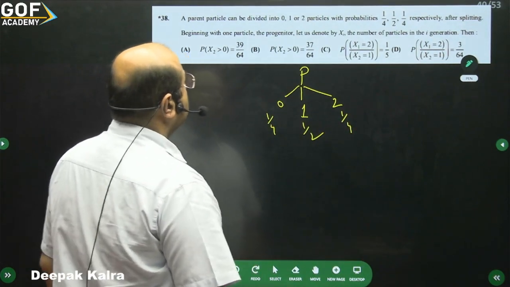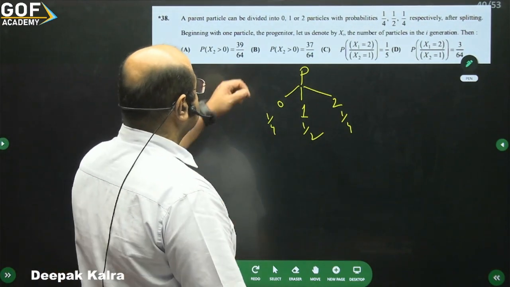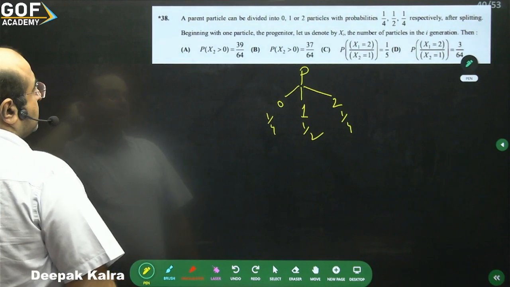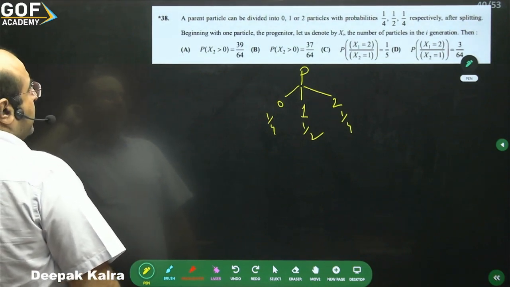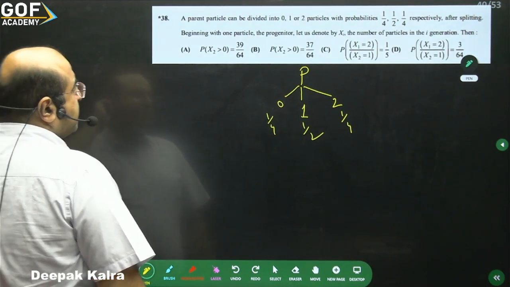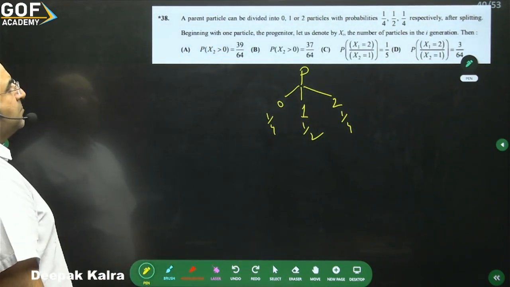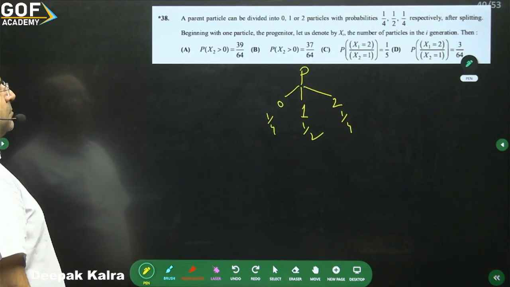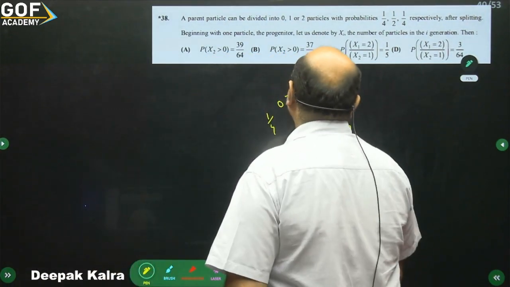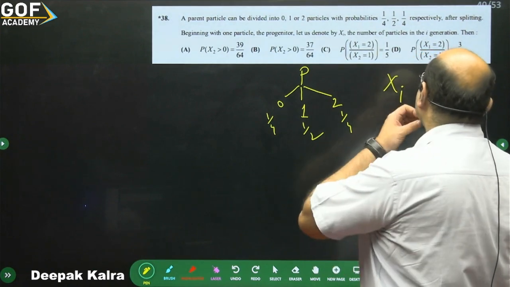After splitting, beginning with 1 particle, what is this progenitor? What is the meaning of progenitor? Do you know? I don't know. Let us denote Xi, the number of particles in the i-th generation.